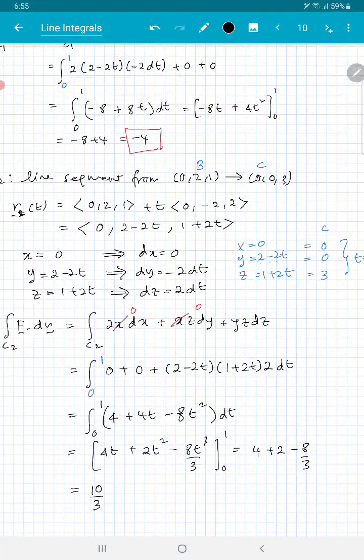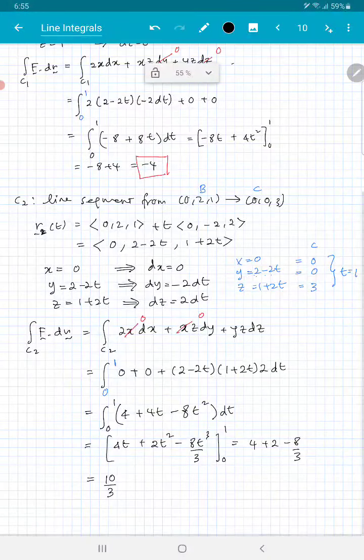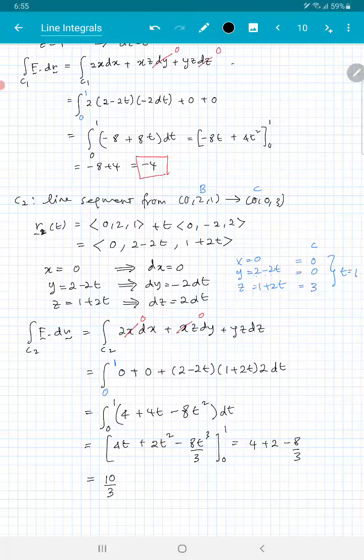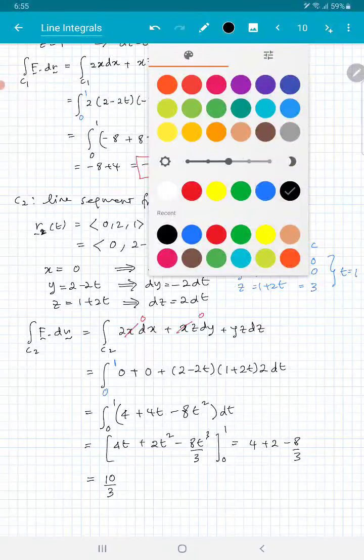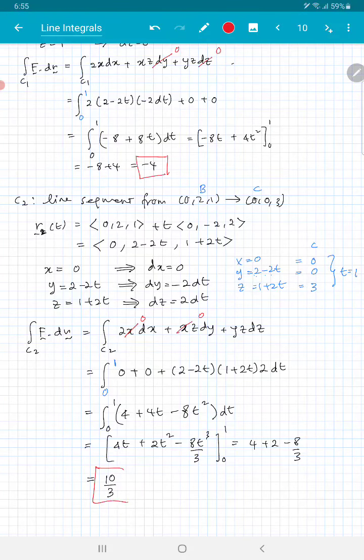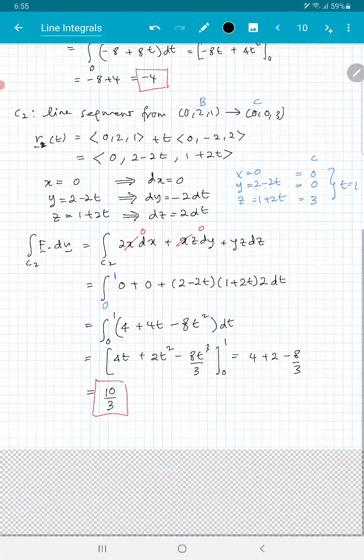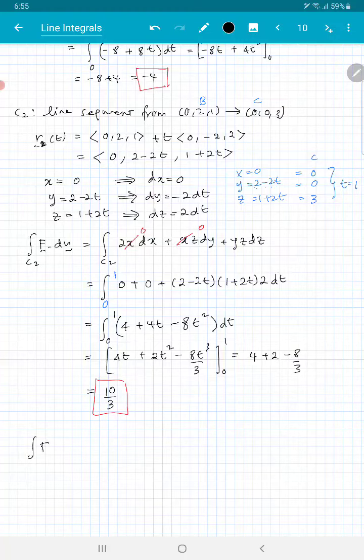Okay, 10 over 3, and this is on curve C2, and now we're going to add them together. Okay, so f dot dr along curve C is equal to f dot dr along curve C1 plus f dot dr along curve C2.